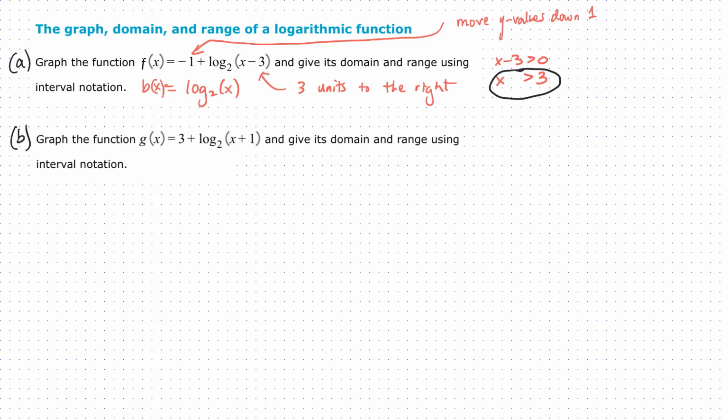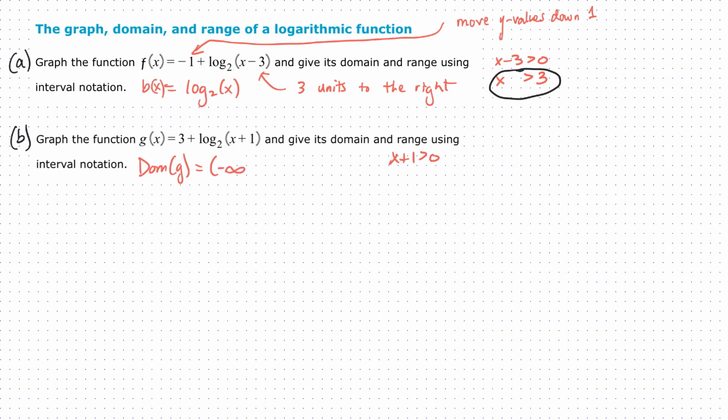I'm going to approach it the same way. We're going to look for its domain. So the domain of g. If you look at this, notice it says x plus 1 has to be greater than 0. So x has to be greater than negative 1.